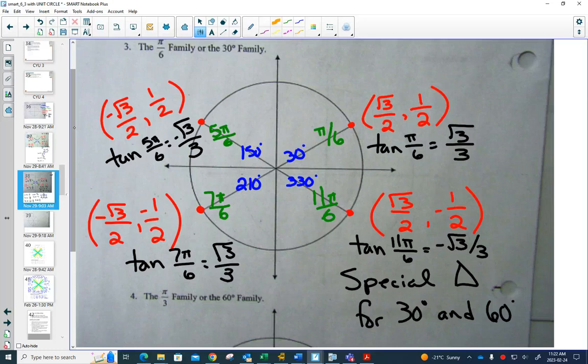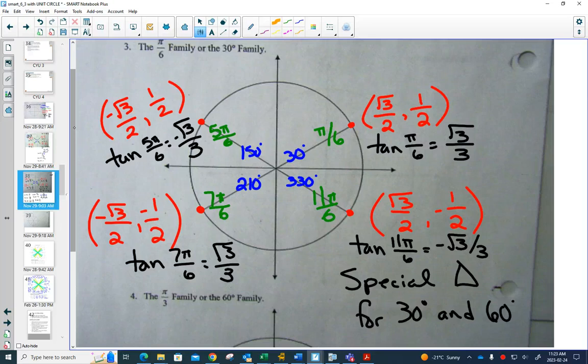Okay. And now we can also do coterminal stuff. So for example, if I asked you what is sine of negative pi over 6, you would have to think, where is negative pi over 6?